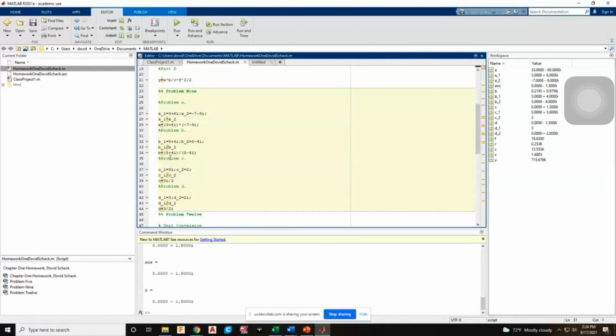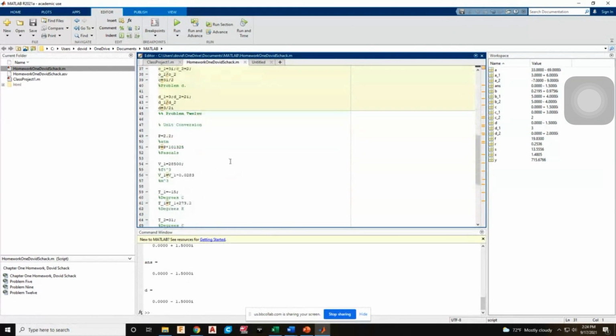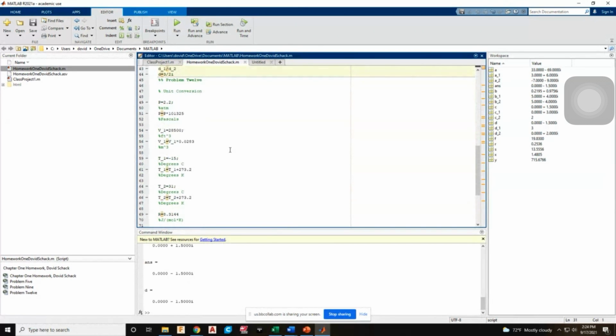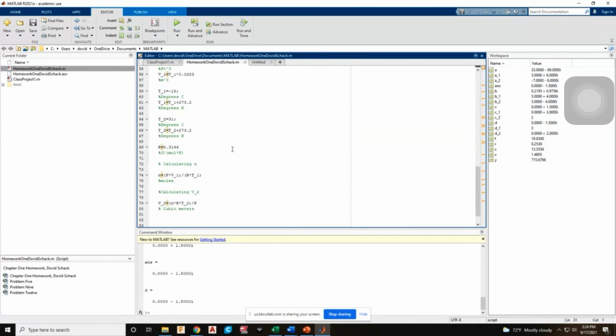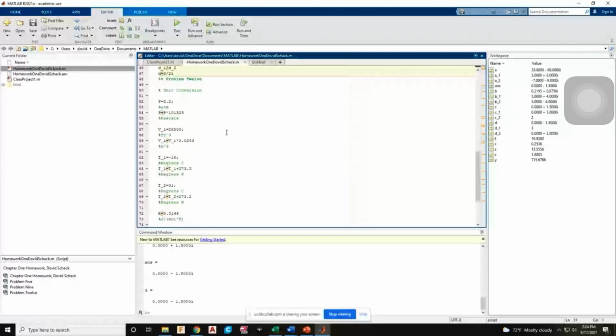Third one, so again, in that case, you have a system where they would like to perform an experiment in a container at constant pressure, right? Constant pressure.